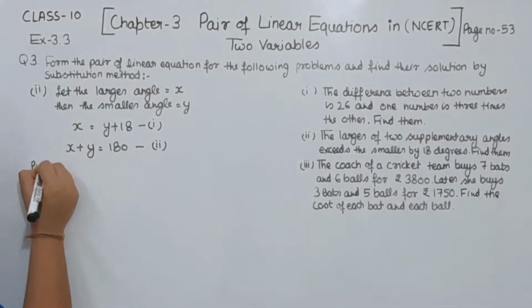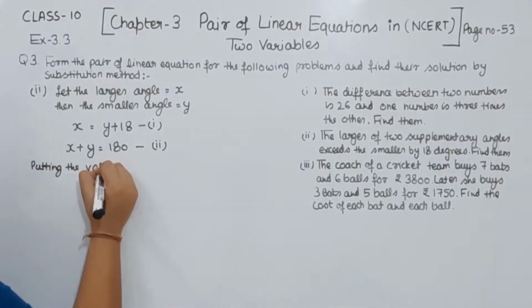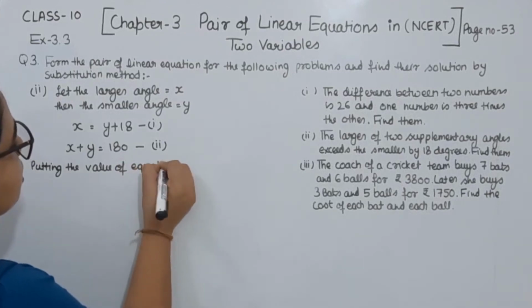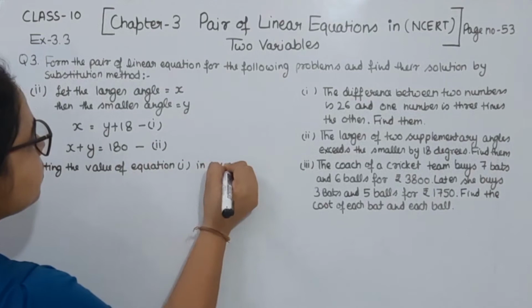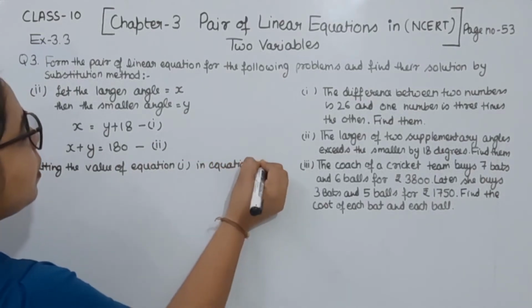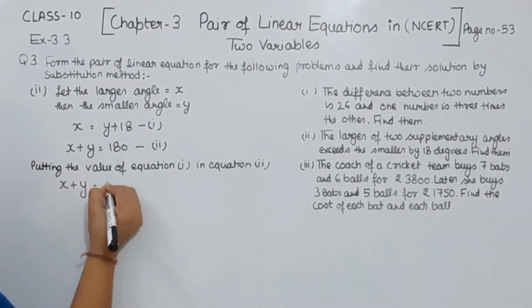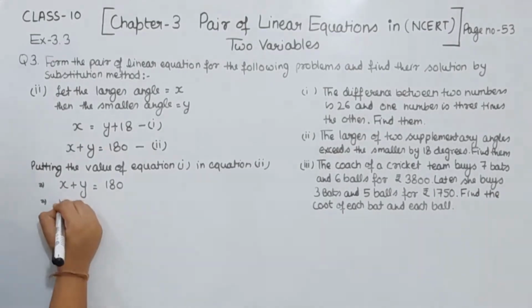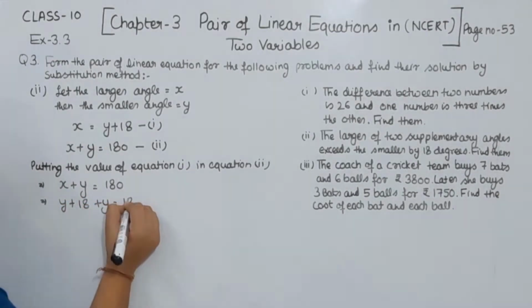So I am going to write here, putting the value of equation 1 in equation 2. So the equation number 2 we are having x plus y is equal to 180, and the value of x we are having is y plus 18, plus y is equal to 180.